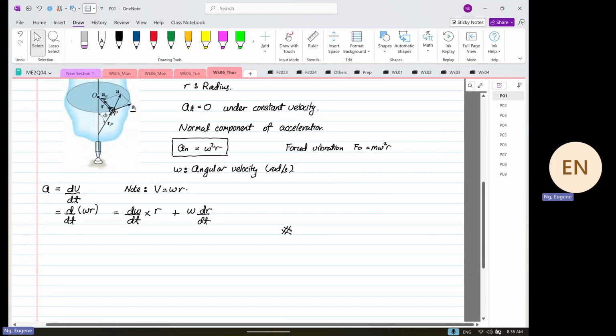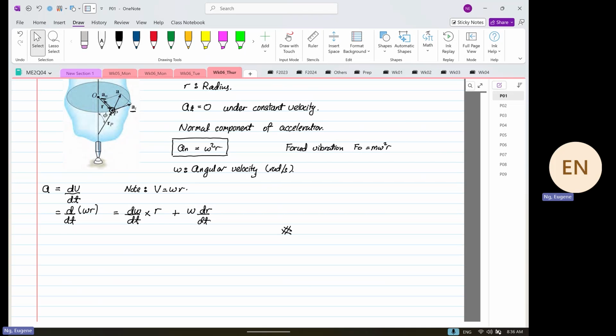So we know the acceleration. Where we finished off on Tuesday, we realized that our acceleration is equal to dv over dt, and then we know v is equal to omega cross r.